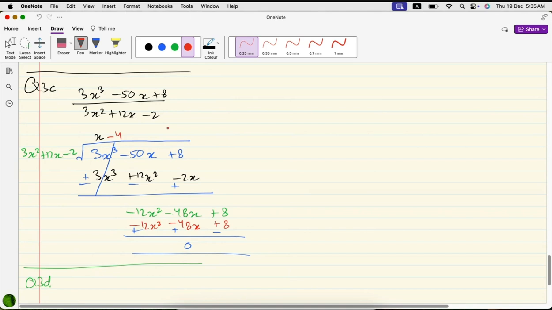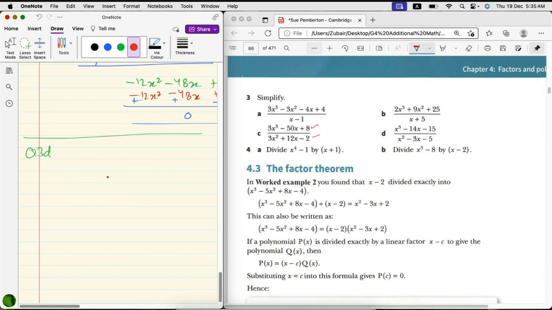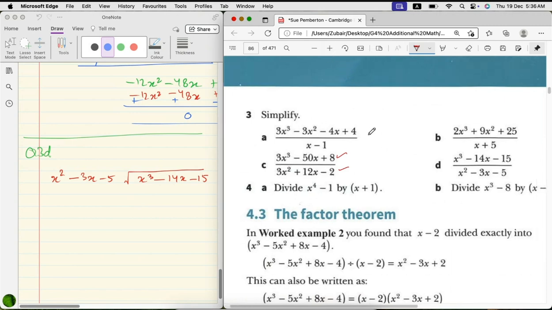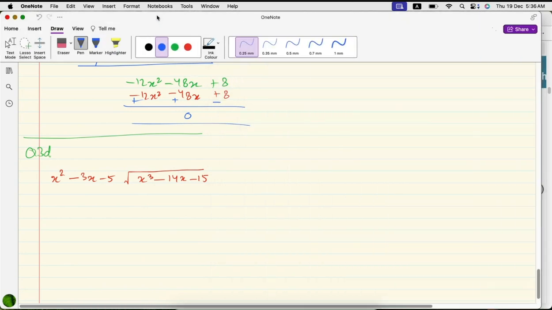So try D part. Yeah. Question noted. Yes.